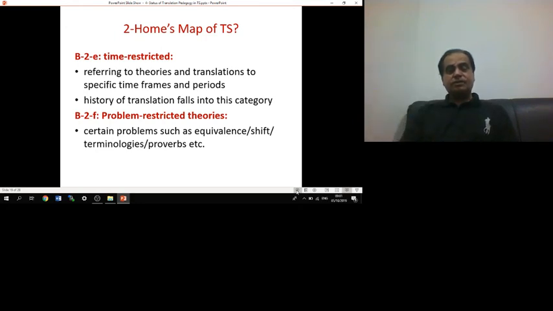Or the shift, or the terminologies, or the proverbs. What are the problems of translating Arabic proverbs into English and vice versa? Because the cultures are different, because the human experiences are different. So, how to do that? That is the problem restricted translation theory.